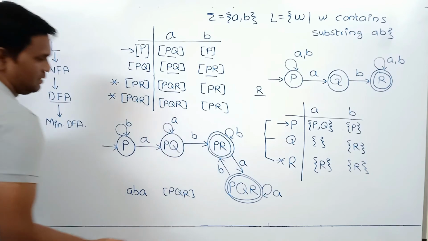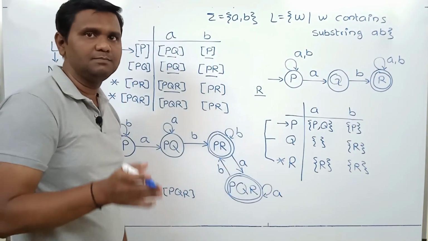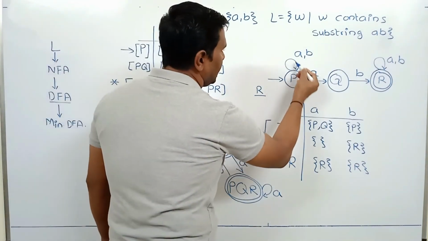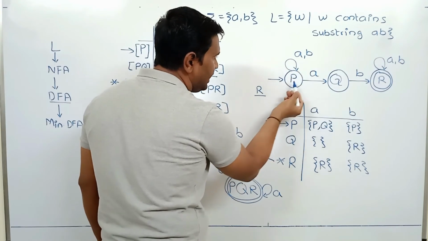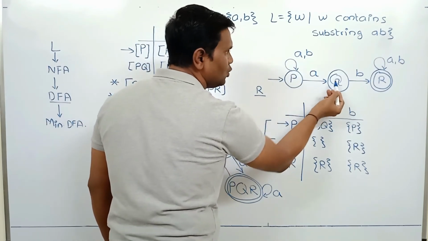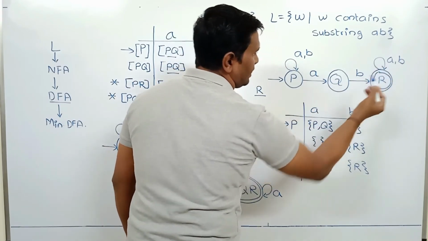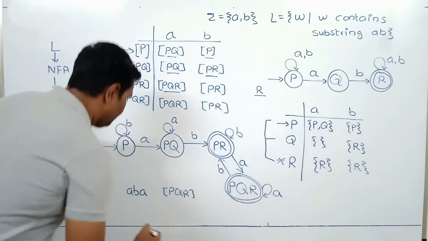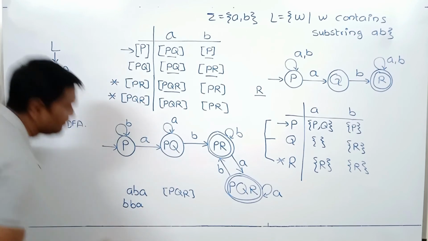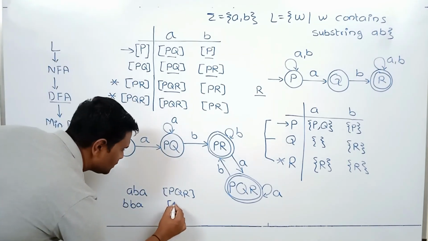What it means is, in the given NFA, processing of ABA will end in either P or Q or R. So ABA ends in P, ABA ends in Q, ABA ends in R. If we consider string BBA, here BBA ends in PQ.